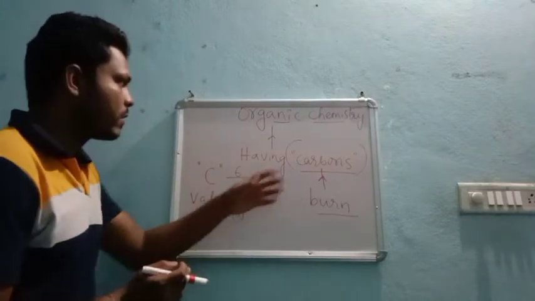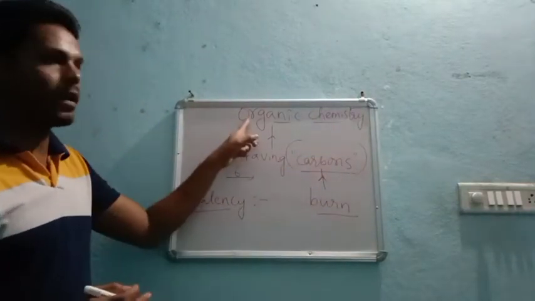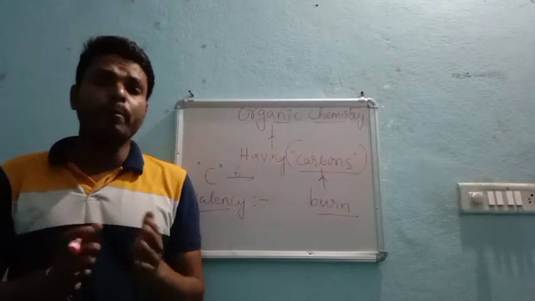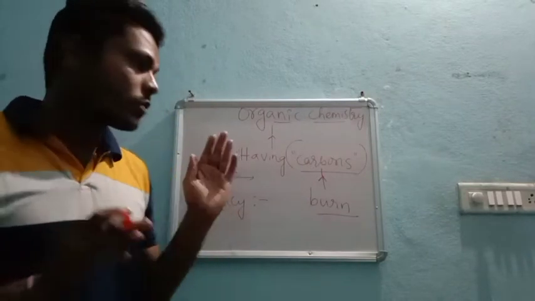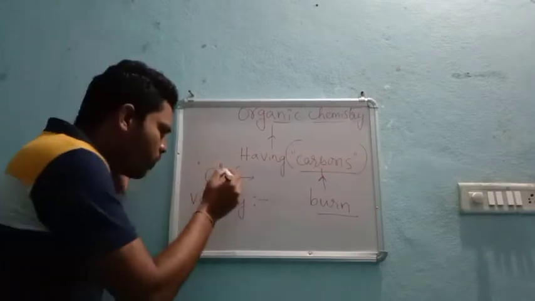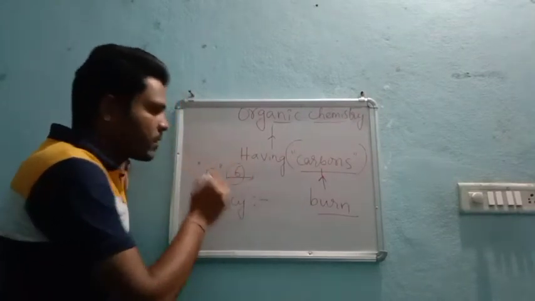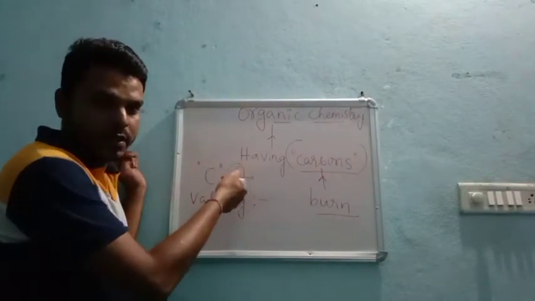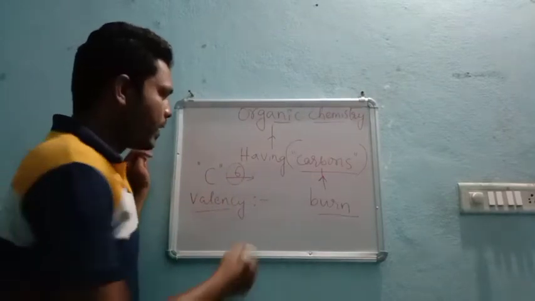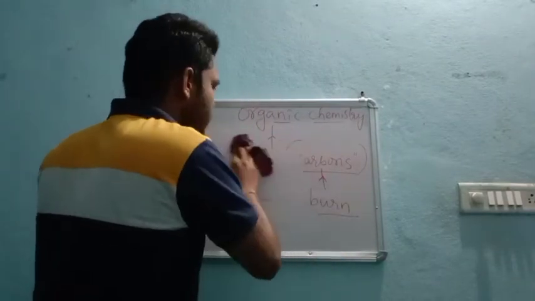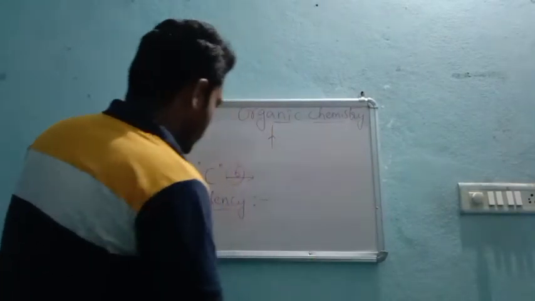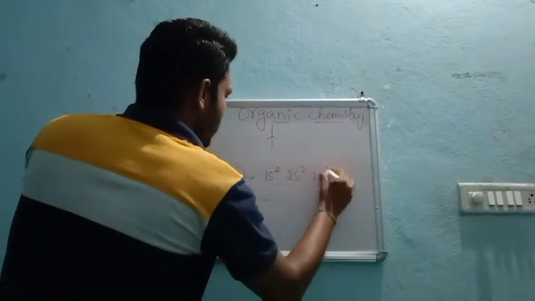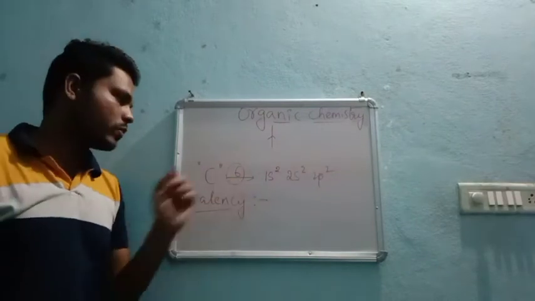Carbon is the most important part of organic chemistry, so we need to have some basic idea about carbon. In the periodic table the sixth element is carbon, whose atomic number is 6, mass number is 12, and electronic configuration is like this: 1s2, 2s2 and 2p2. 2 plus 2 plus 2, totally 6.